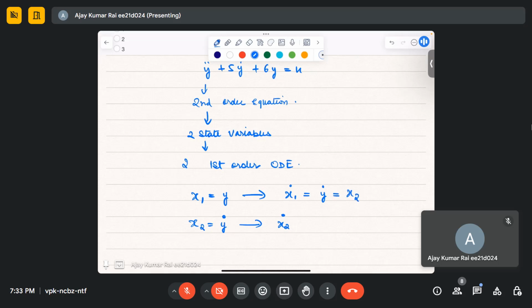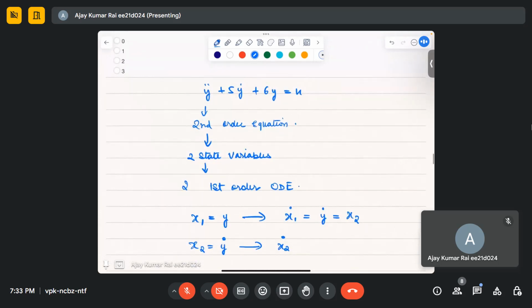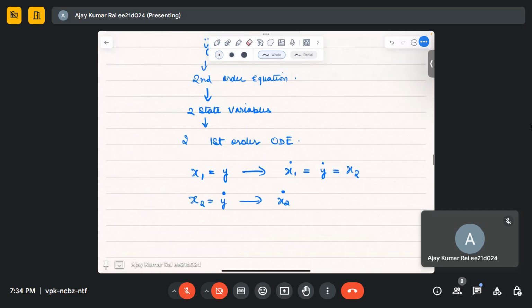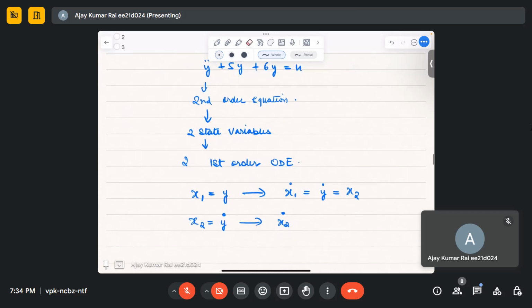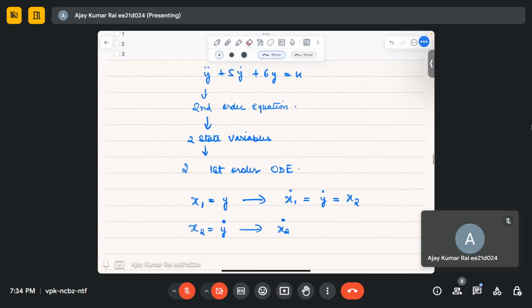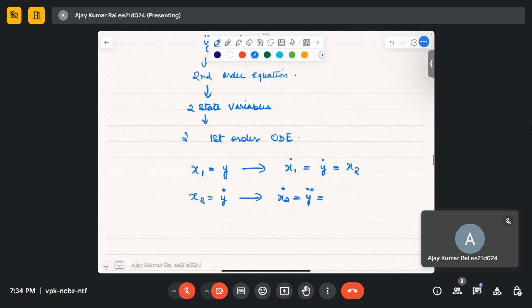And what is x2 dot? You can get it by using this equation. Let me rewrite it in terms of x1 and x2, where y double dot is x2 dot.